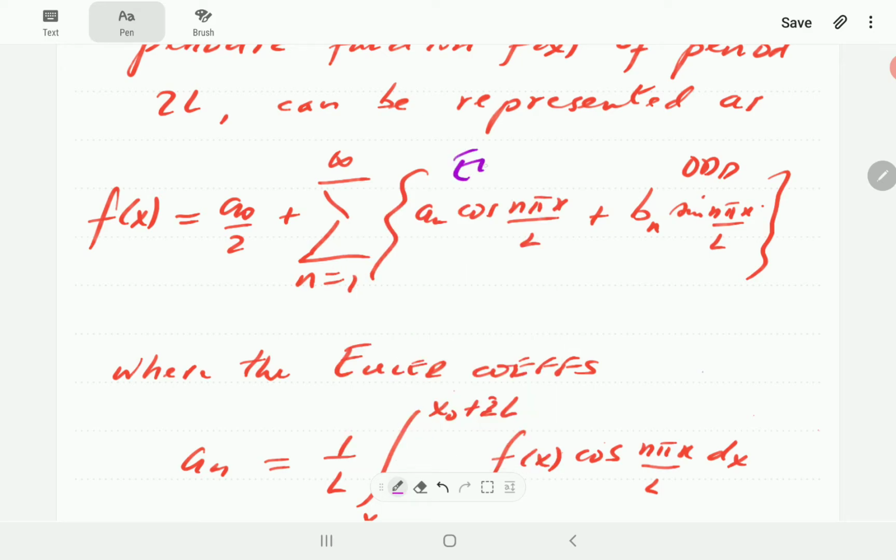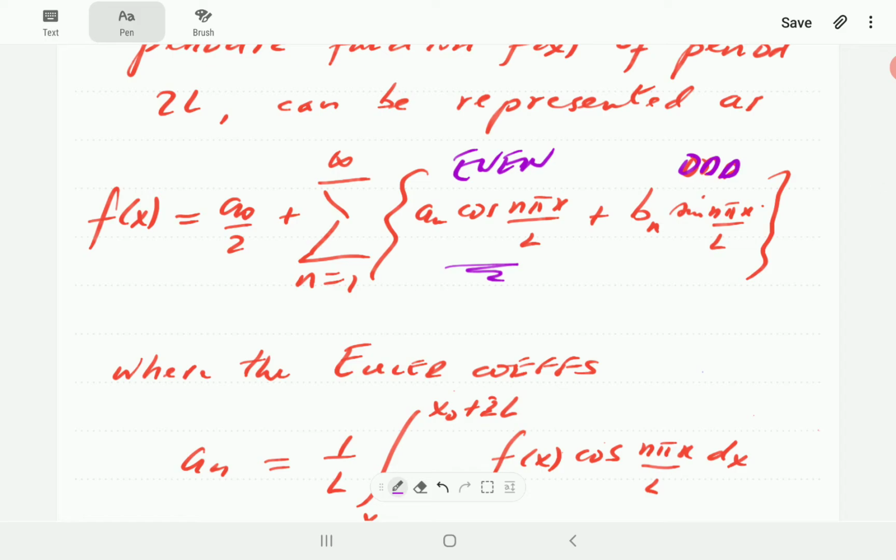So if the periodic extension of the function is odd, for instance, then you don't expect any cosine terms in the Fourier series.